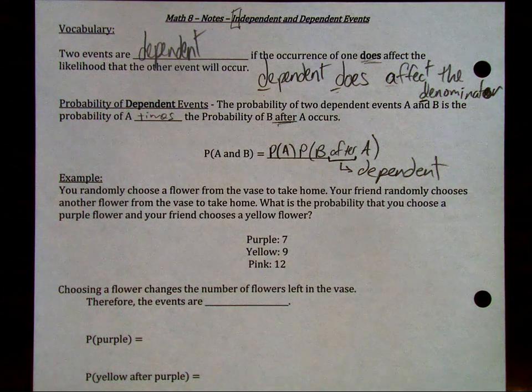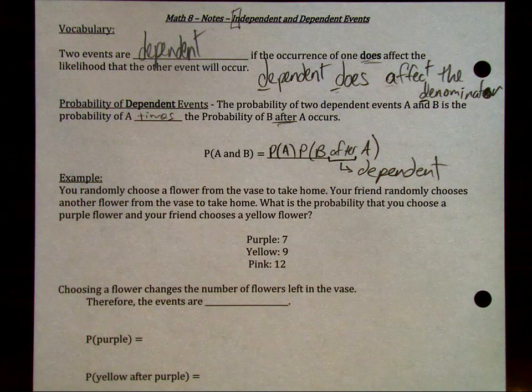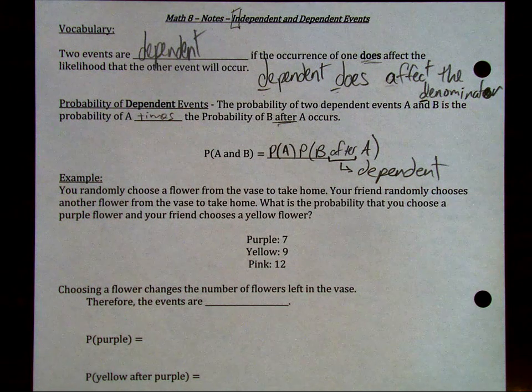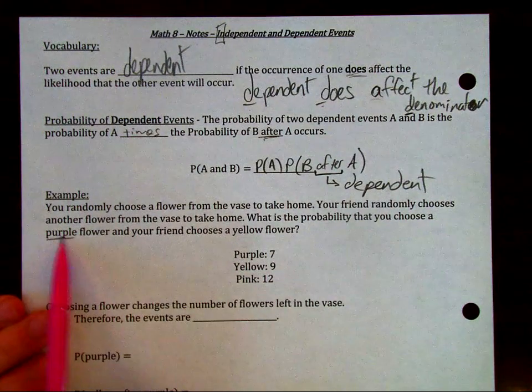So, for example, it says this on that example there. It says you randomly choose a flower from the vase to take home. Your friend randomly chooses another flower from the vase to take home. Again, these are the same vase, or these are the same amount of flowers that you have. So it says, what is the probability that you choose a purple and then your friend chooses a yellow?